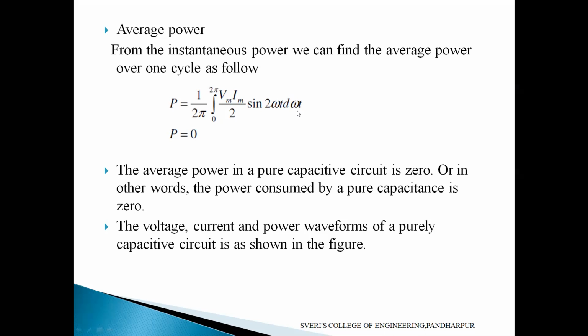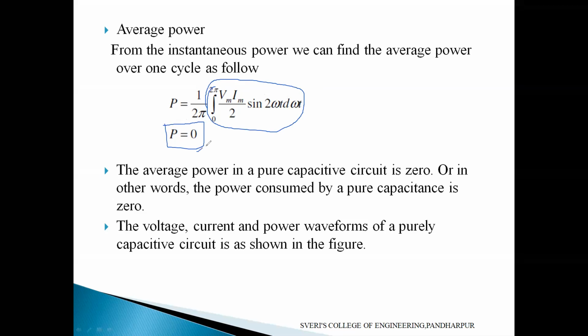In the next line, P equal to 1/2π into 0, so P equal to 0. This complete term will become 0. This 0 into 1/2π, anything, is nothing but 0 here now. So average power is 0.